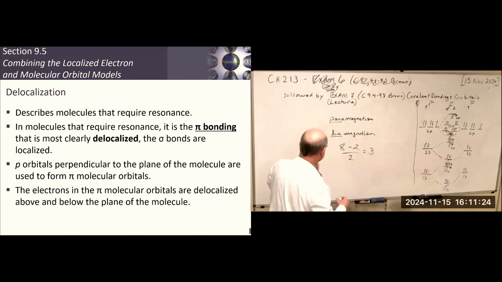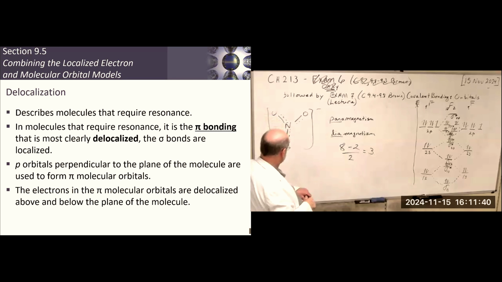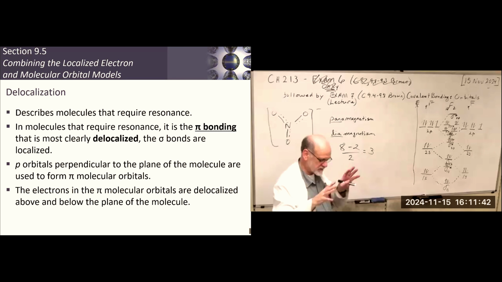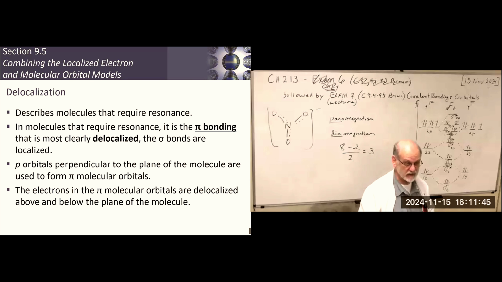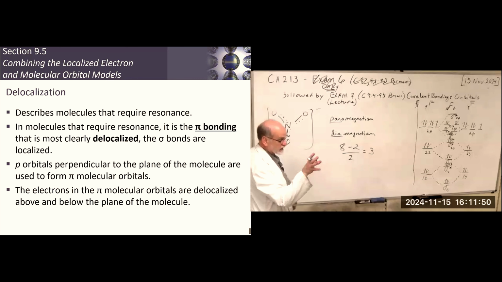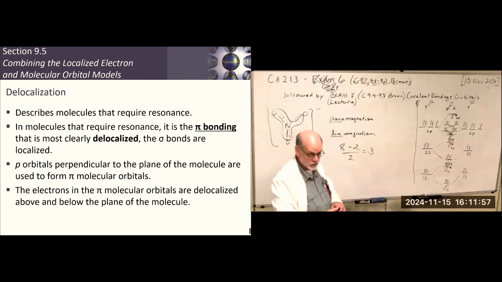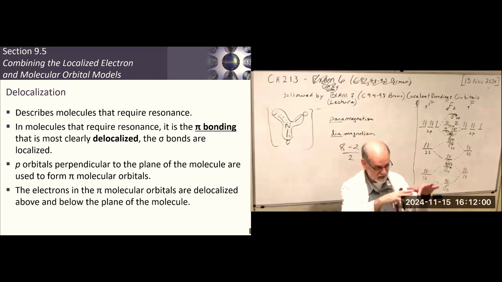The best we could do was something like this, the nitrate ion. We sort of implied that there was an intermediate delocalization of the electron structure. But in fact, what we observe and what we can calculate with the molecular orbital theory is that the electron density is really delocalized over all 3 of those bonds.